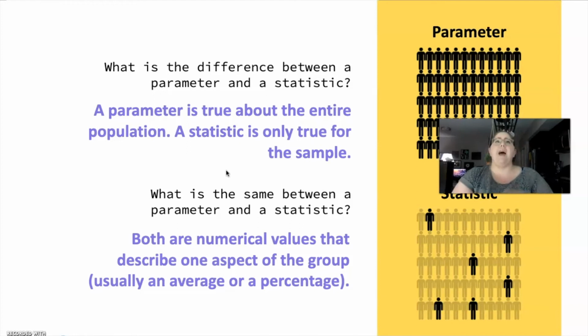Percentage, maybe what's the average percentage of students at McNeil who wear glasses. For all students at McNeil would be the parameter, and the statistic would be what percentage of this group of students that I picked wear glasses. So parameter and statistic is what is true about that group. Parameter is for the entire population, statistic is for the sample.